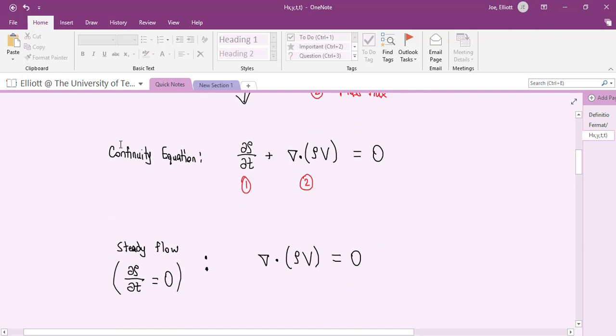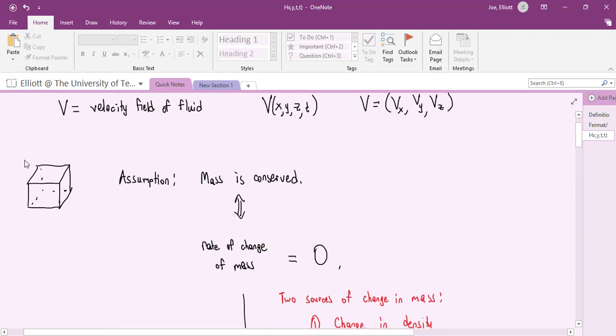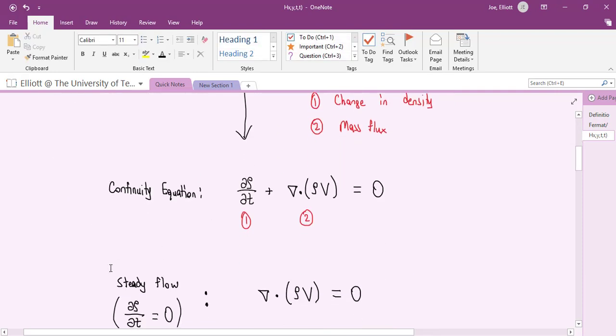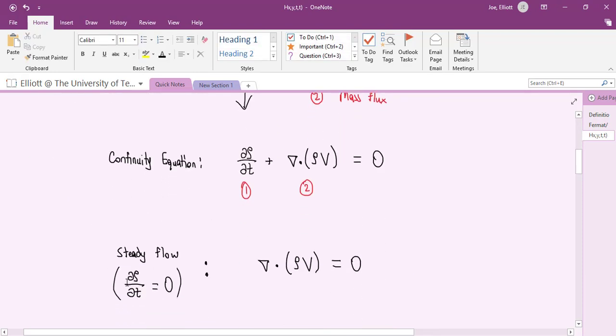Now, if we assume that the flow is steady, okay? Steady flow just means that the rate at which the density is changing over time is 0 within this volume element. And if this is 0, then the continuity equation reduces to just one term on the left.